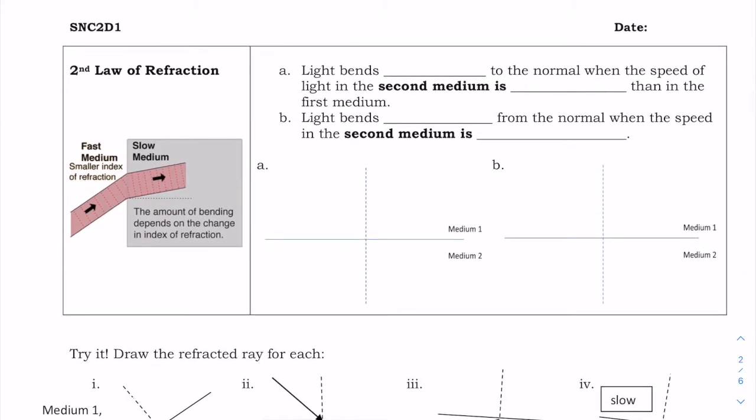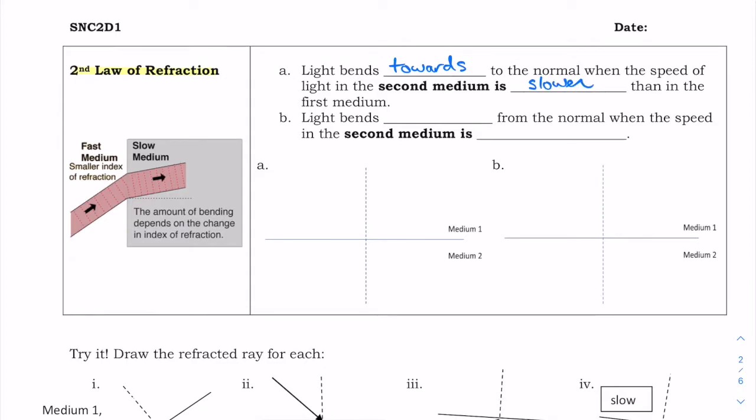Okay, carrying on, we have our second law of refraction. This one tells us that light bends towards the normal when the speed of light in the second medium is slower than it is in the first medium.